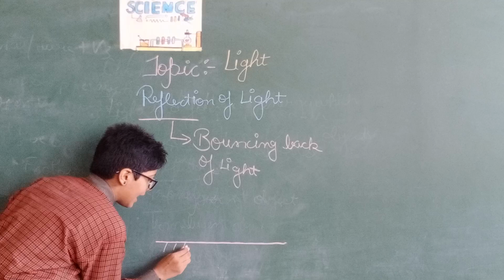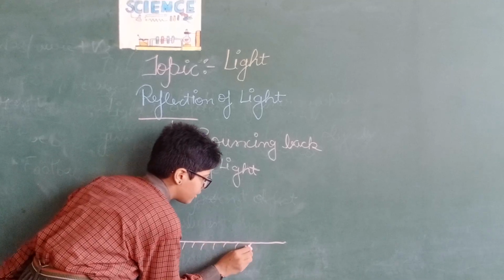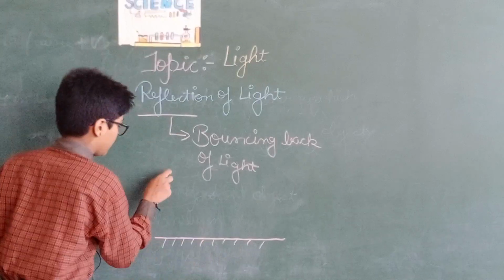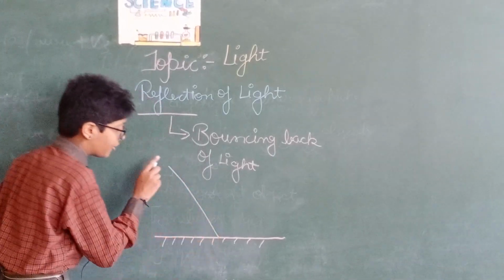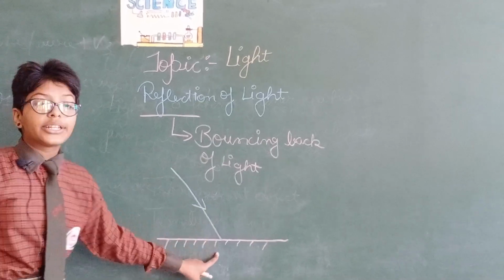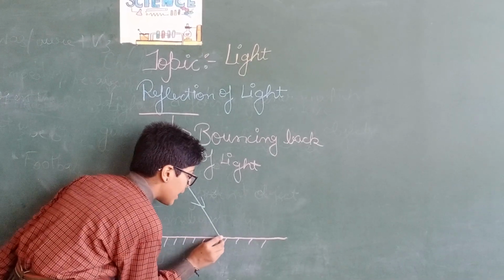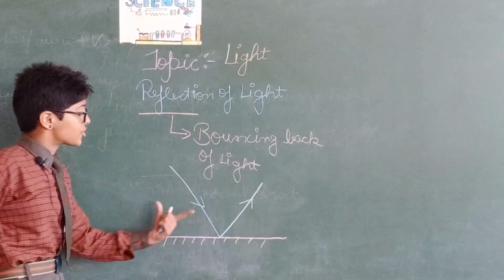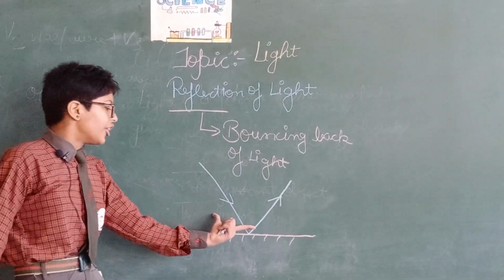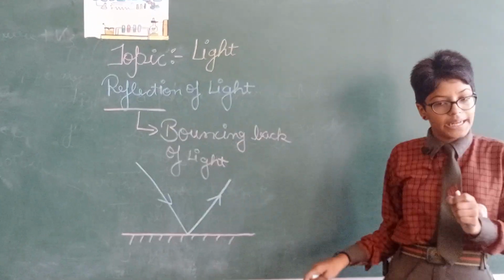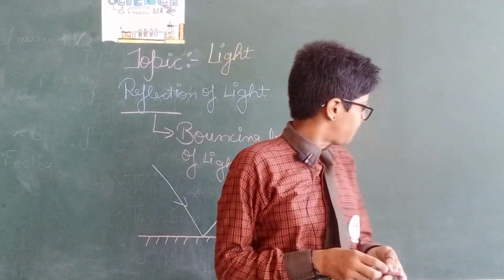Let this line be a plane mirror and this a light ray. This is a light ray which is coming from the light source, and when it touches the surface, it will bounce back and go in the opposite direction. So this phenomenon is known as reflection of light. In this diagram, we will understand its different parts.